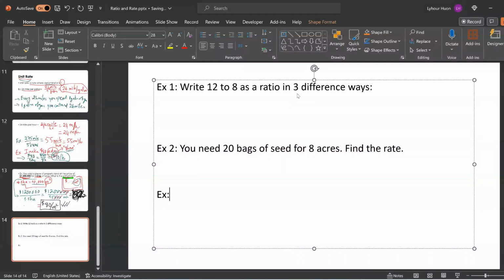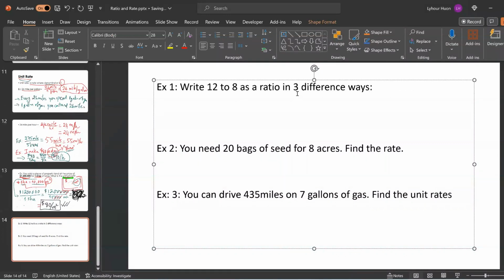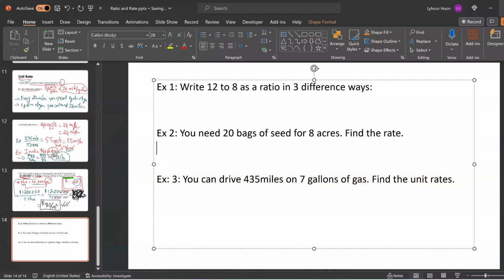Number three, you can drive 435 miles on 7 gallons of gas. Find the unit rate. Okay, now number one, number two, and rewrite.